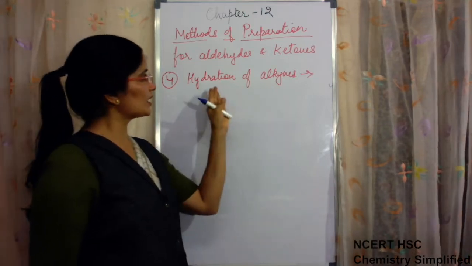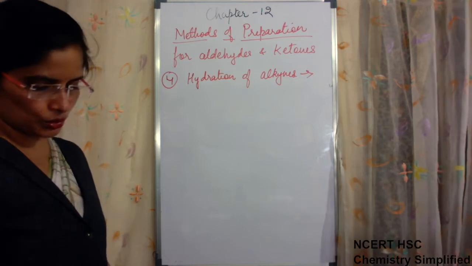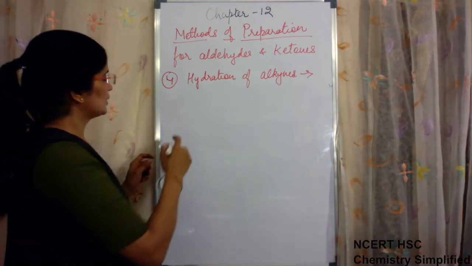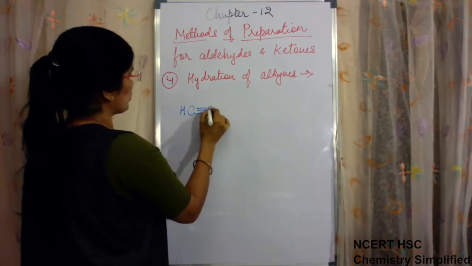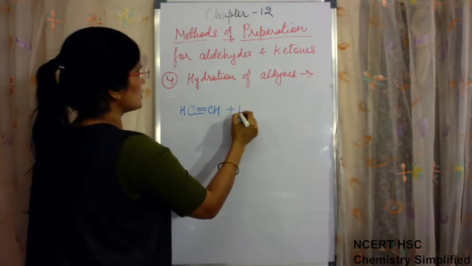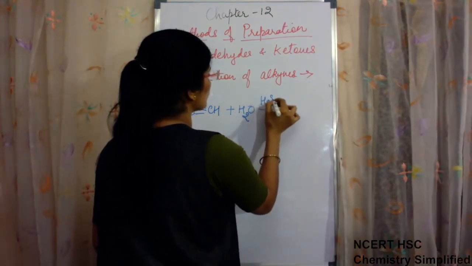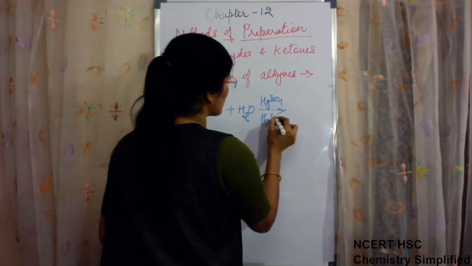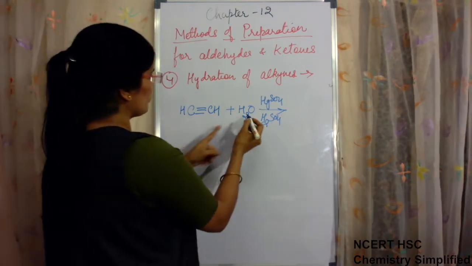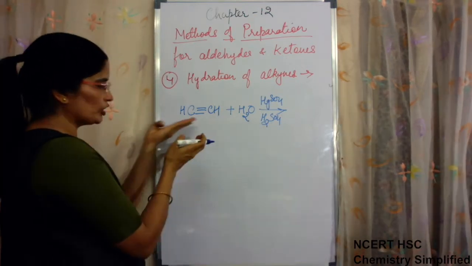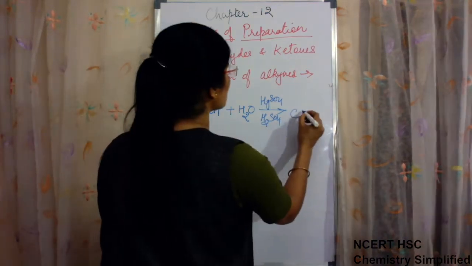When alkynes are hydrated, they give aldehydes as well as ketones. So now we will write the reaction. Let us start with the simplest alkyne, CH triple bond CH. When it undergoes hydration in presence of HgSO4 and H2SO4, in the first step, a water molecule will be added. Because the molecule is symmetrical, H and OH can be added on either side. So let us just add it.